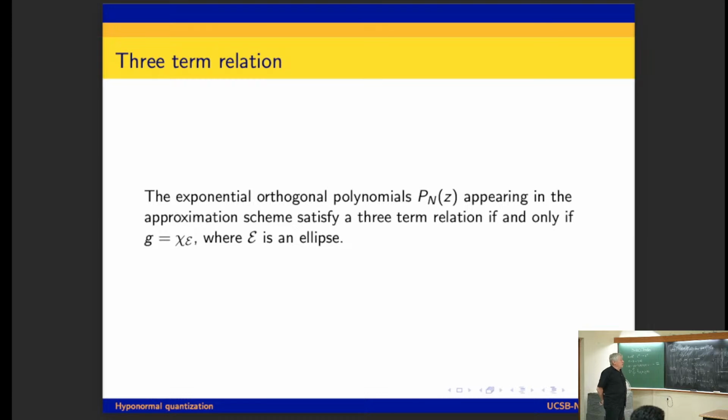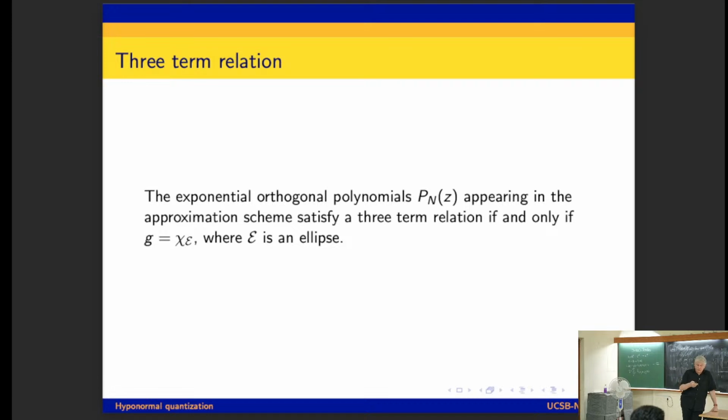Just now some special results, and maybe I'll comment on one or two applications. Orthogonal polynomials on the real line, as you know, satisfy a three-term relation we discussed briefly.